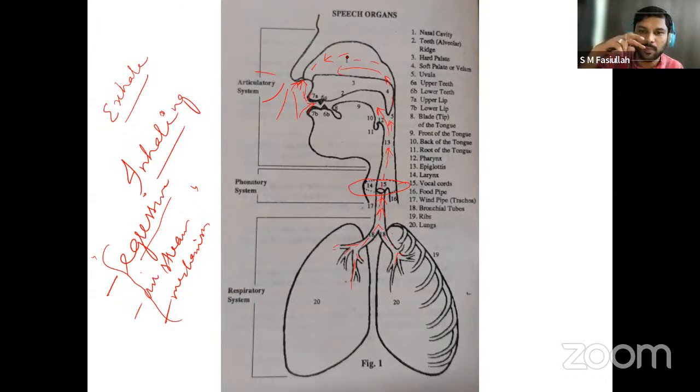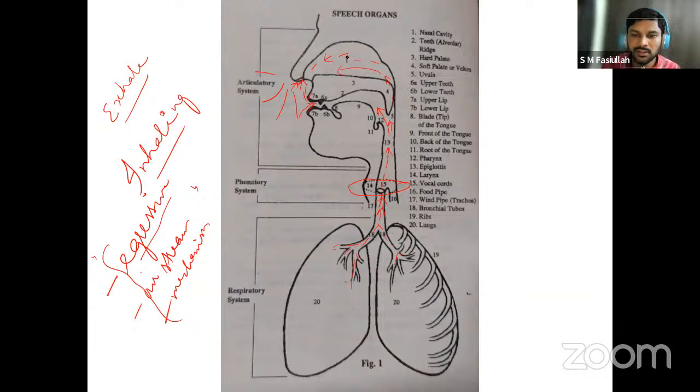So there are two different passages from which the air can come in and go out. While it is going out, you are manipulating the air both in the mouth cavity as well as in the nasal cavity.